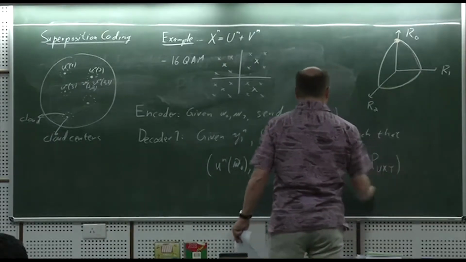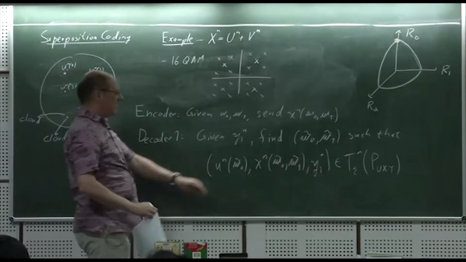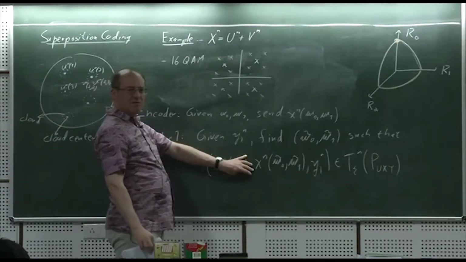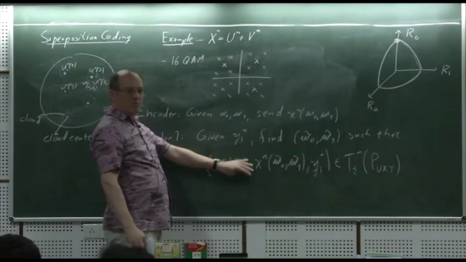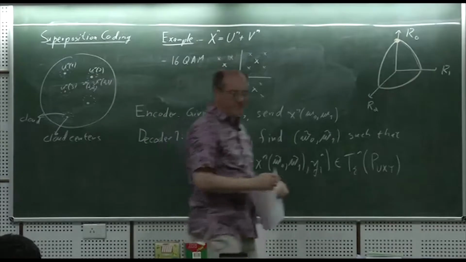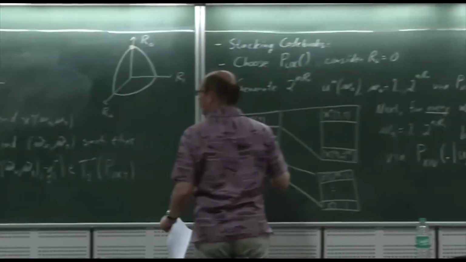And you'll see here in the decoding the u has appeared again. You might be tempted to not include this, right? You might be tempted to just say, well, we'll just find x^n that's jointly typical. Okay, but we want to include the u here. So that's decoder 1.